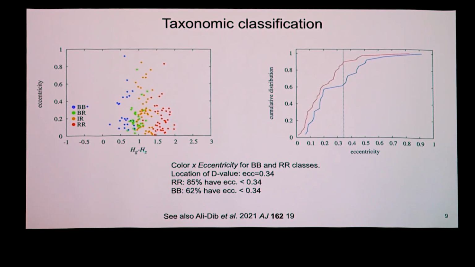This is a color eccentricity plot. Again, the taxonomical classes are color-coded, and these are both cumulative curve counts for the bluest and reddest objects.